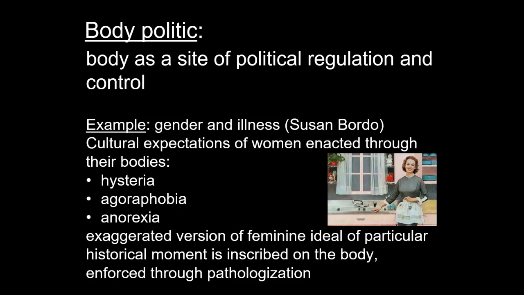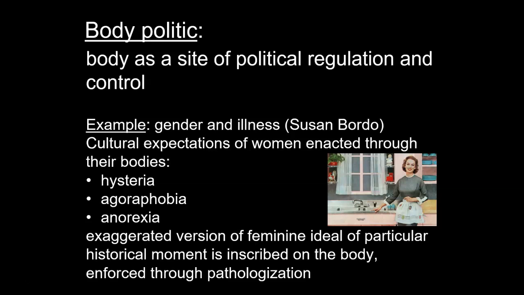So what Bordo is saying is that it's not a coincidence that in this exact era where women were being heavily expected to be in the home and to do certain kinds of things in the home, there was a rise in this agoraphobia, which is the fear of leaving your home, right?